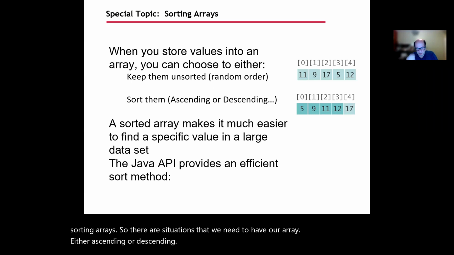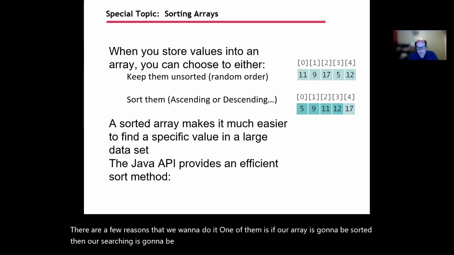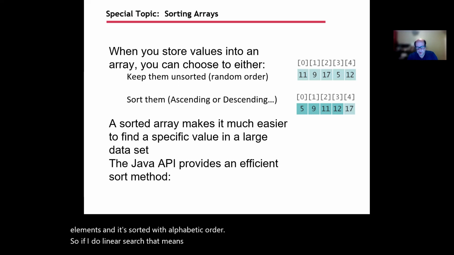There are a few reasons that we want to do it. One of them is if our array is sorted, then searching is going to be much easier. So let's say I have a long array of 10,000 elements and it's sorted in alphabetic order. If I do a linear search, I'm going to be looking from the beginning to the end.